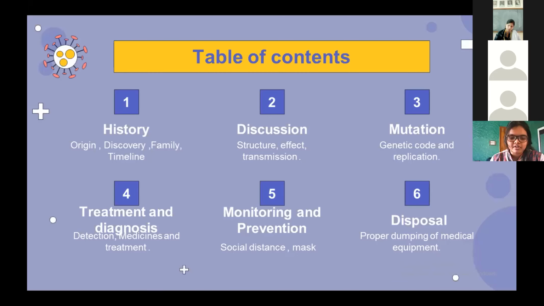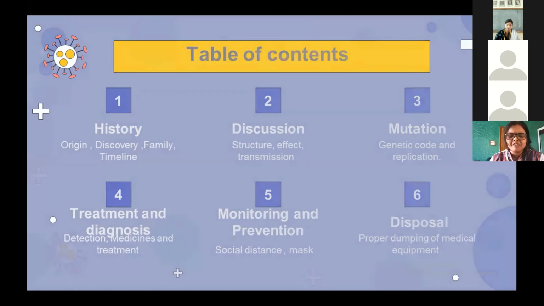Beginning with the past, the first ever coronavirus was discovered in the 1920s in domesticated chicken.